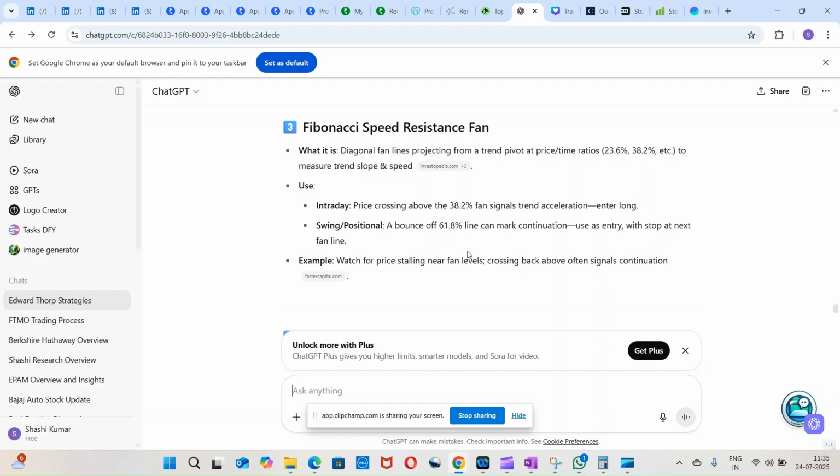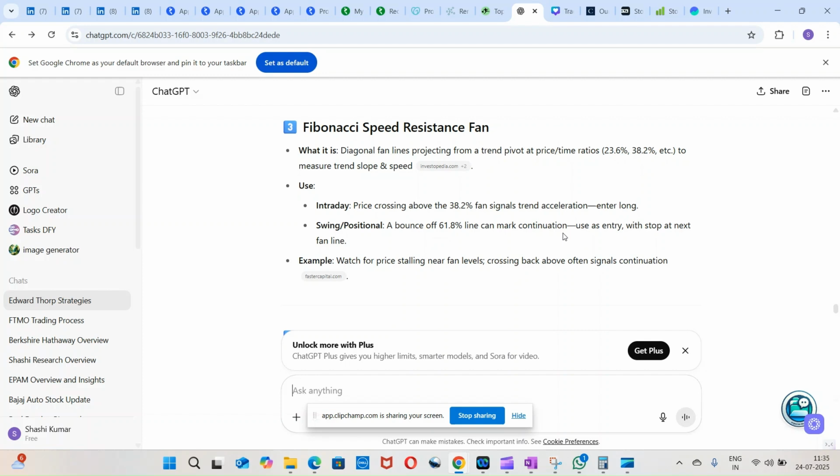Like an uptrend is there, then it decelerated to 38.2, then again it goes up, means it's a trend continuation basically. Swing positional, a bounce off 61.8, so it went up till 61.8, it can mark continuation, so use that as entry with stop at the next fan line. Watch for price stalling near fan levels, crossing back above often signals continuation. So this is used for signal continuation.